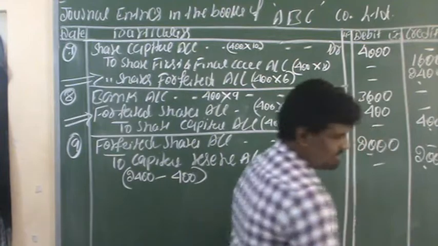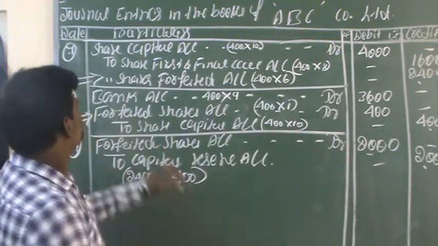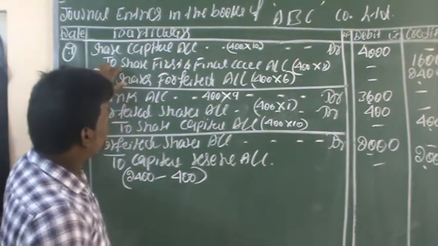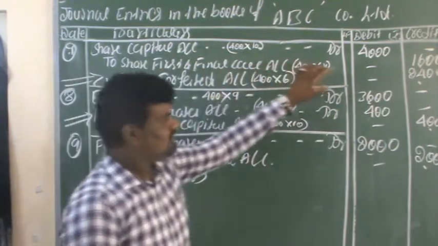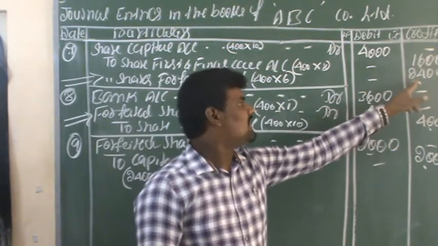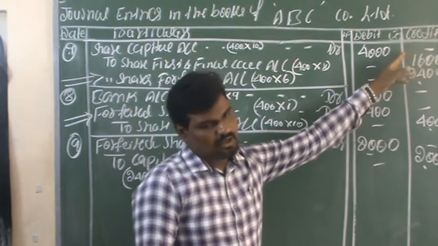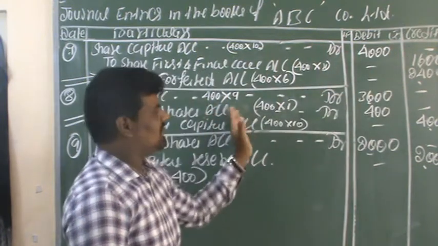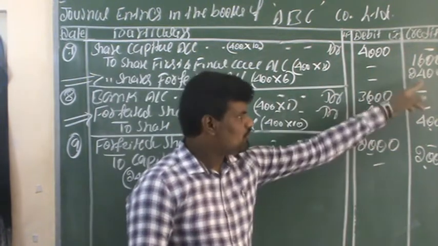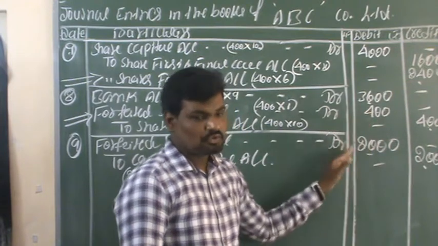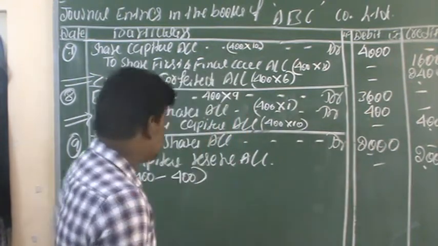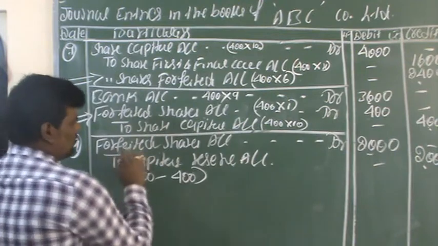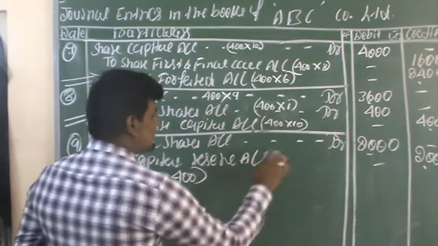This is our profit. The 2400 was already credited in the company's account, and when reissuing, they get 400 loss. So 2400 minus 400 means we get 2000, the profit on these forfeited shares. So forfeited shares account debit to capital reserve account.